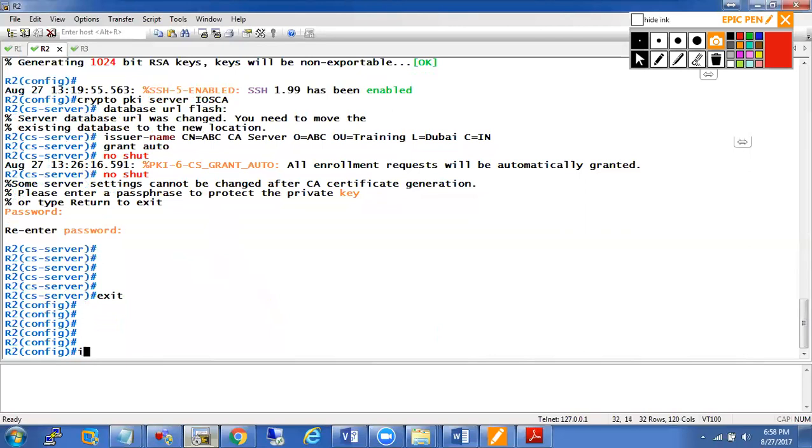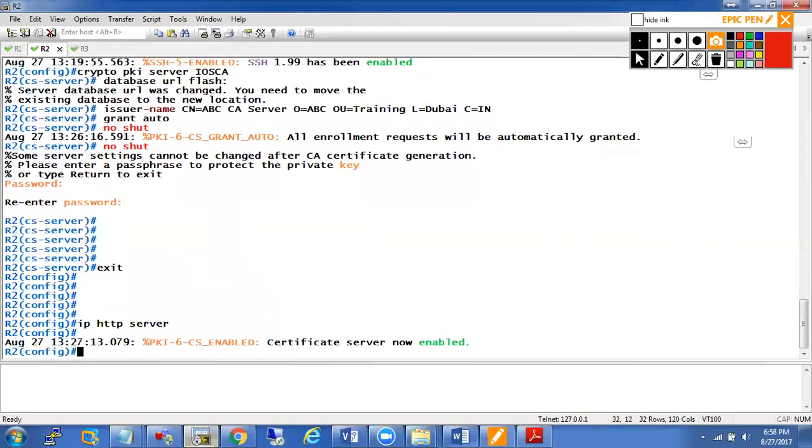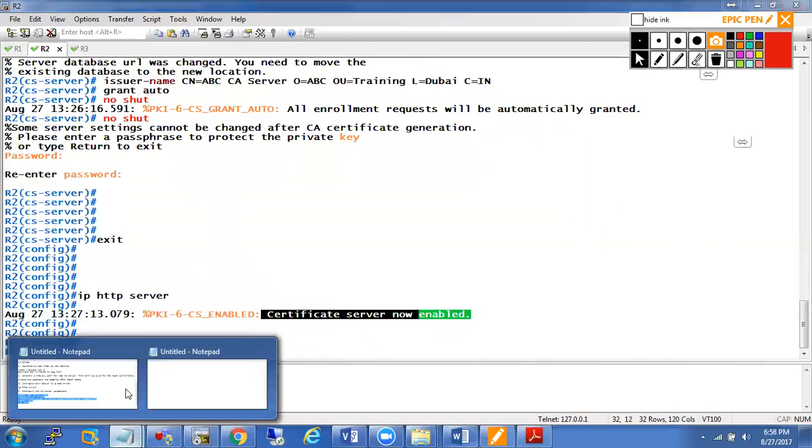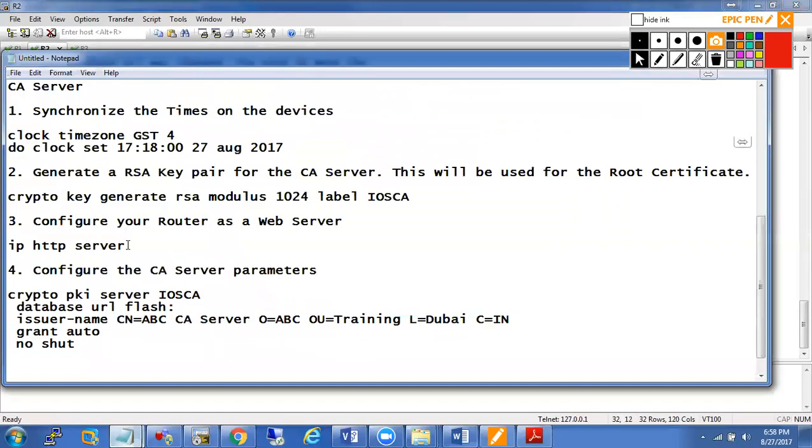As soon as I enable the web server, you'll notice it will come up. So it's very important that the web server is up. When I typed in IP HTTP server, what message popped in? Certificate server now enabled. You get my point. So it is a requirement that you have the HTTP server enabled. So this step is extremely important. If you don't do this, it's not going to be a valid CS server yet. It won't be up.